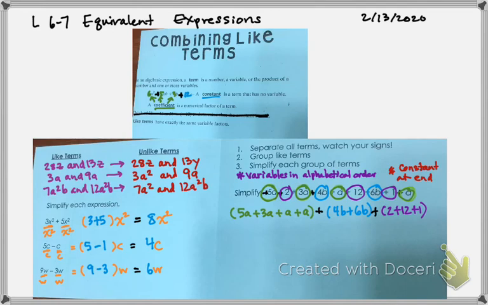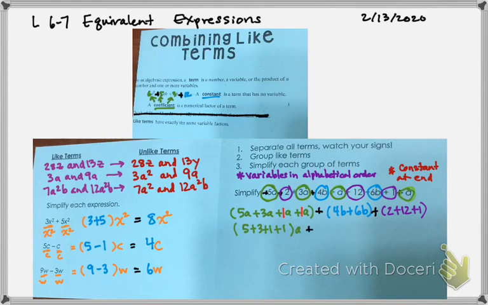Now, one thing that you may not understand, because this is kind of new, is that when I don't see a coefficient in front of a variable, it's there, it's just 1. So for the first group, I'm going to factor out the variable, which is a. And that's going to leave me behind with a 5 plus a 3 plus a 1 plus a 1.